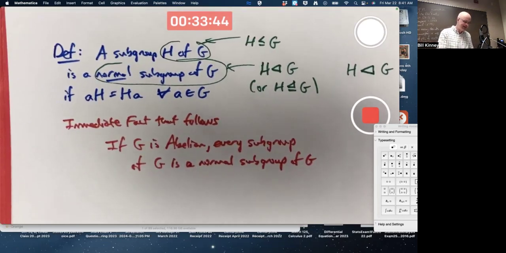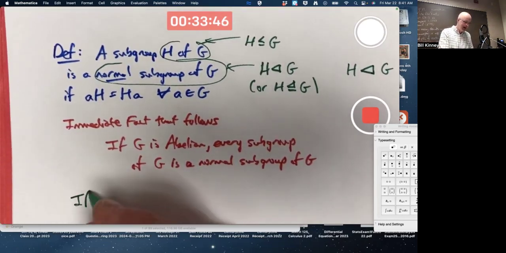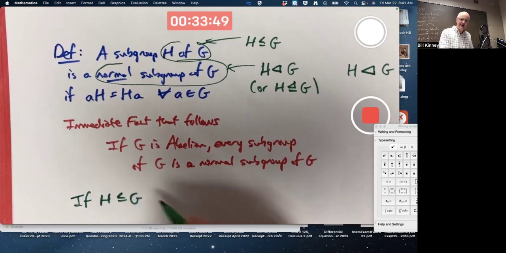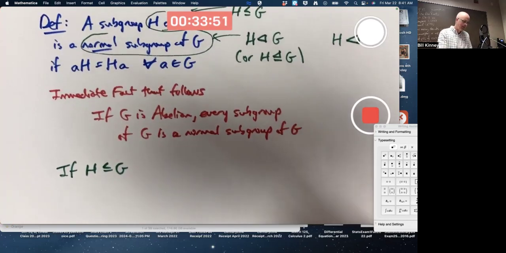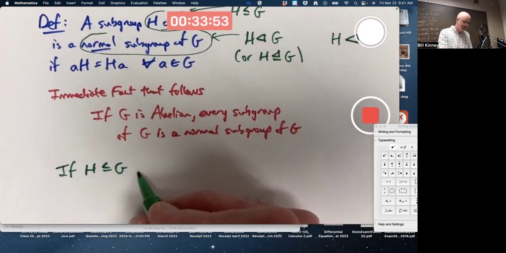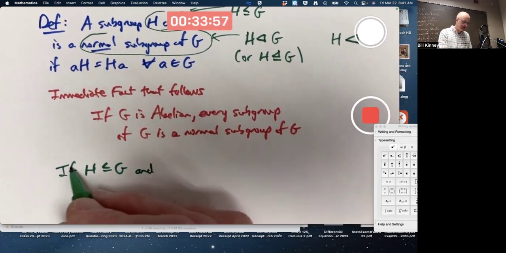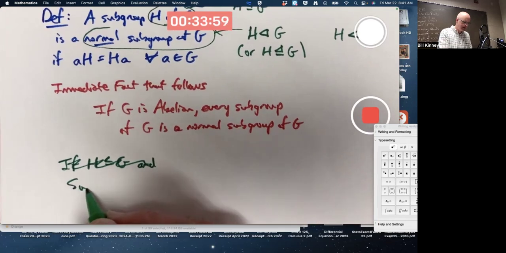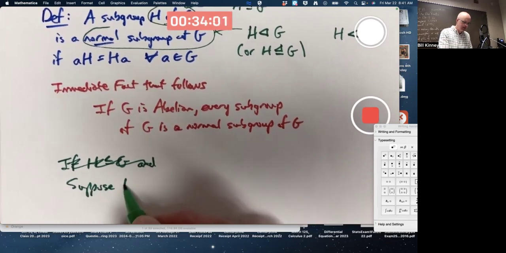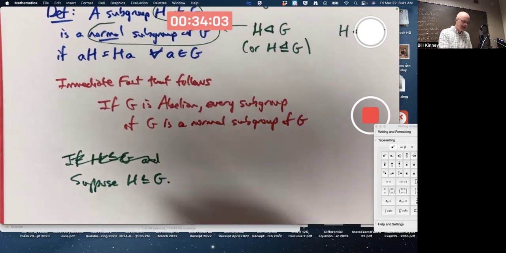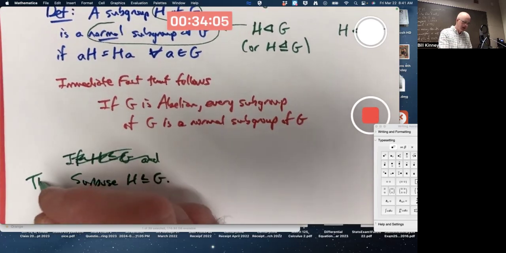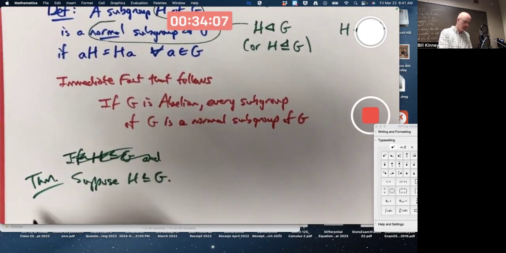that says, if H is a subgroup of G, and, okay, let's phrase this differently. It's the theorem, the normal subgroup test.